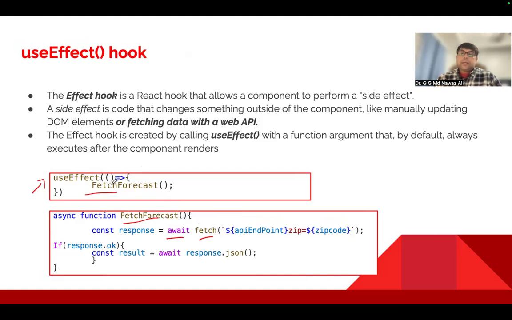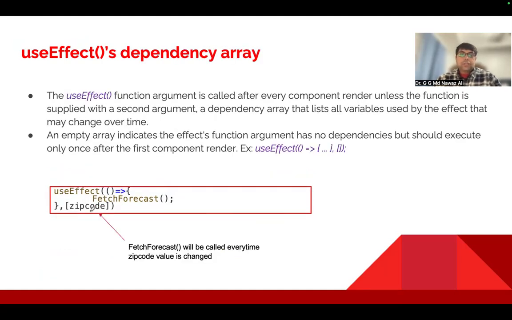Okay, and useEffect by default runs every time your component is loaded. But we can also pass a dependency array and give our variables, and if those variables' values change, then useEffect will fire and call fetchForecast.